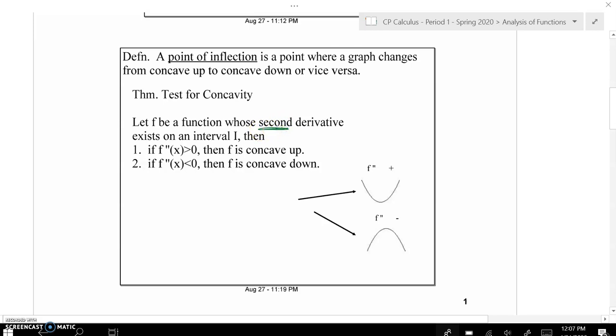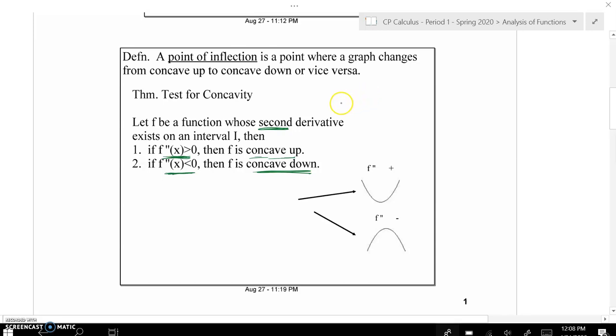We're moving on from the first derivative and doing a second one. When you find that the second derivative is greater than zero, so a positive second derivative, that's concave up. A negative second derivative, so less than zero, is concave down. And the point between them is the point of inflection. That is the turning point.